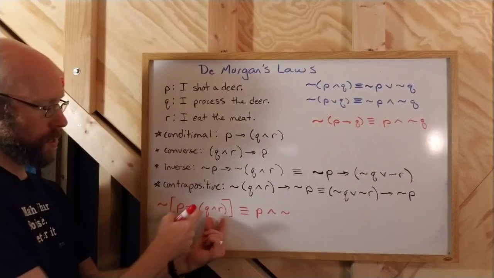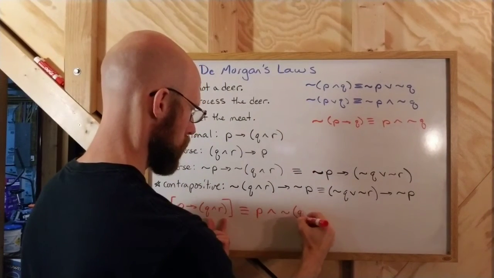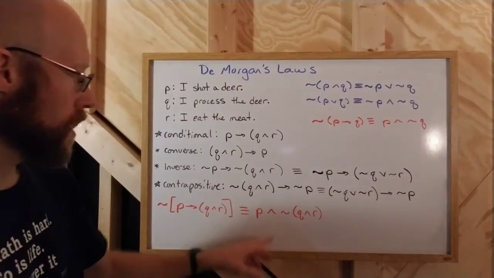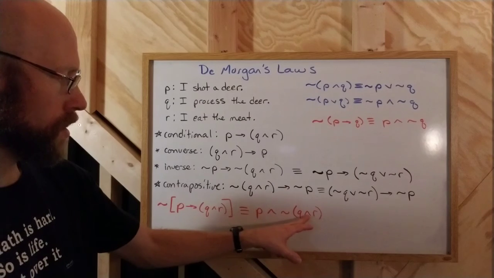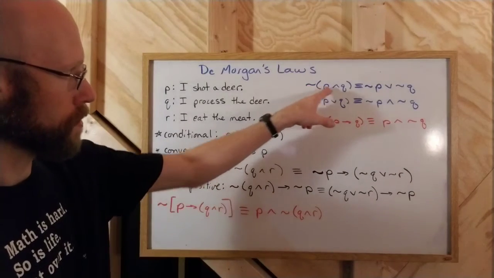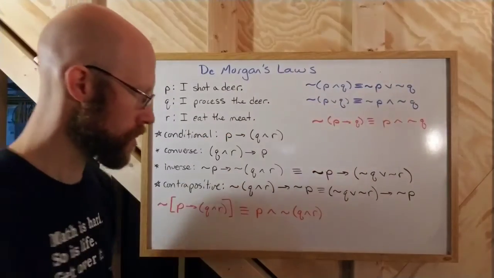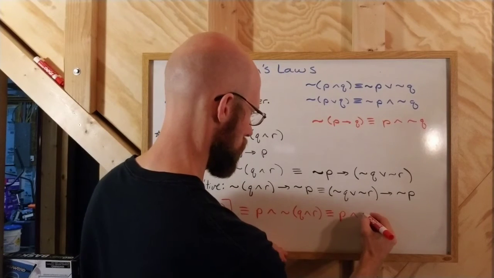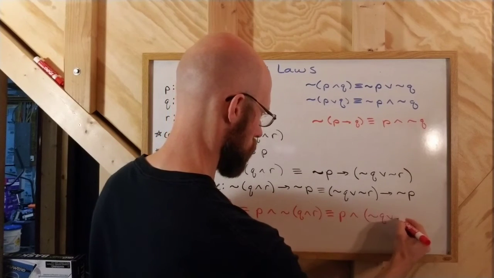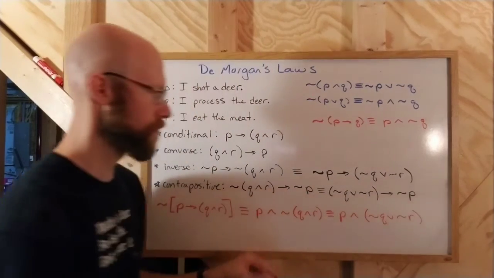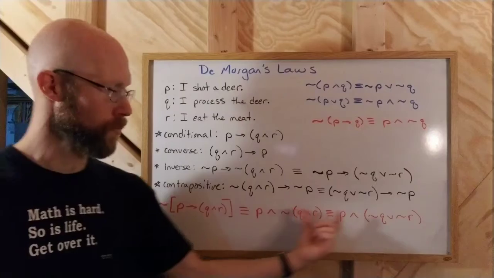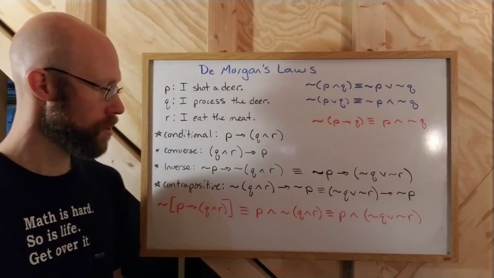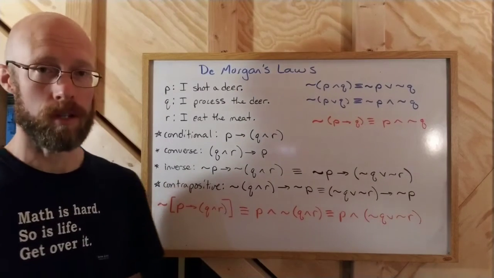Well, the consequent is Q and R, so it's P and not Q and R, right, rather than just Q. And then the negation of an and, if I go back up to De Morgan's law, is really the or of the negations. And so this is actually also equivalent to P and not Q or not R. Okay. So there are multiple different ways to rewrite the negation of the original conditional based upon De Morgan's law.